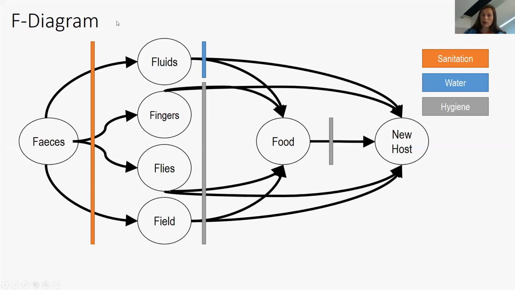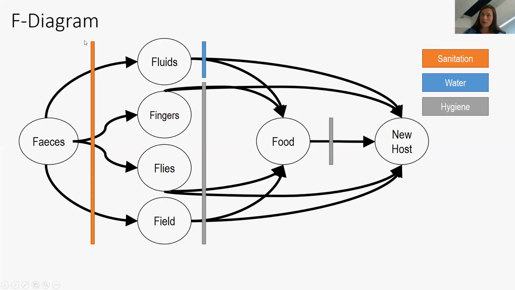So what you see now on the screen is basically an F diagram, and we discussed this last time when we talked about sanitation. Just trying to remember that most of the pathogens are transmitted from feces, and they're found in human feces. They can be transmitted through fluids, fingers, flies, and fields, basically agriculture products, to food, or directly by drinking water to a new host.